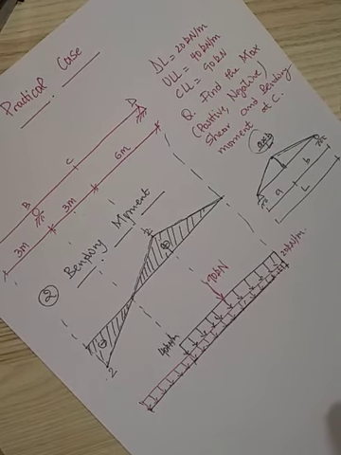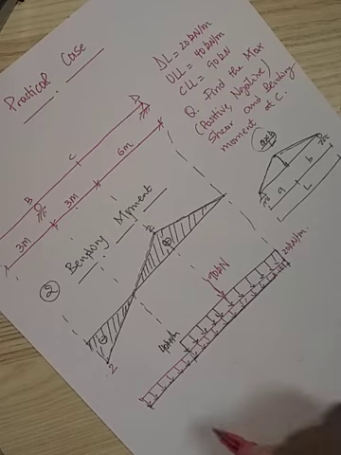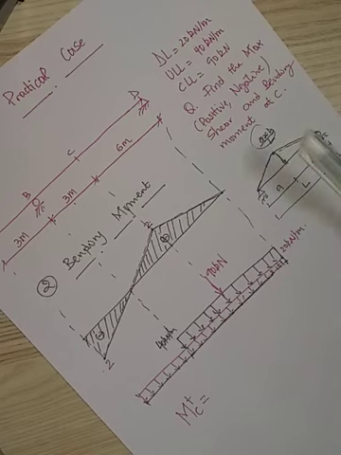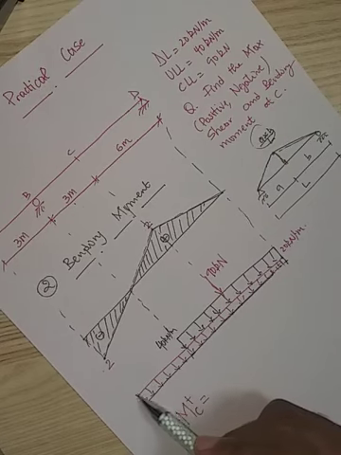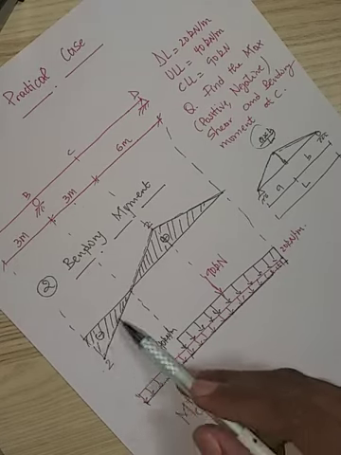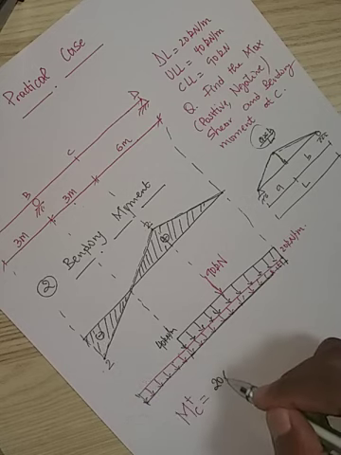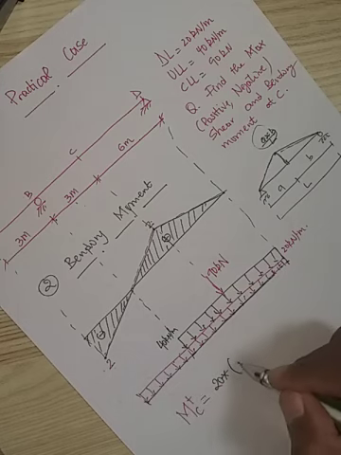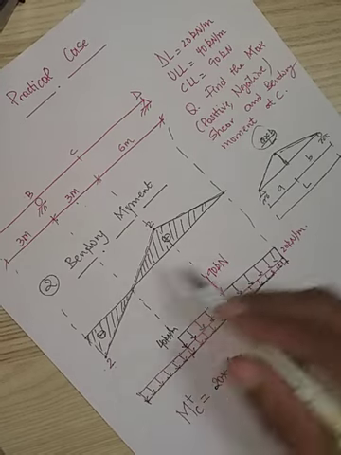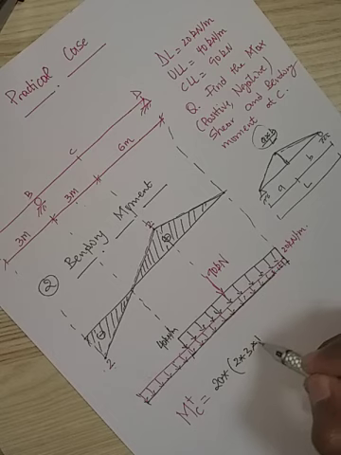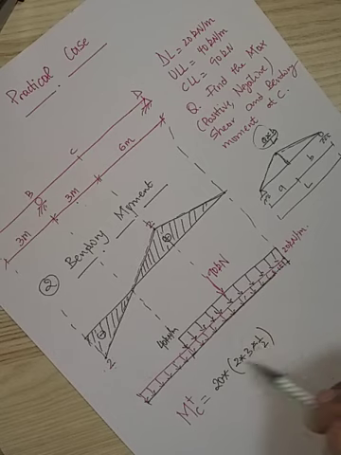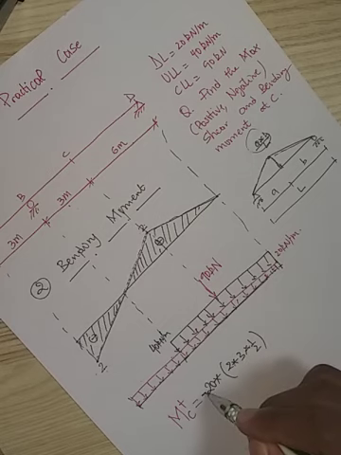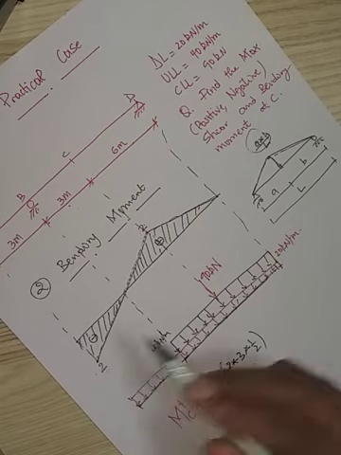Now to calculate the maximum positive bending moment at the cross section C, we get the distributed load that is applied on the negative portion: 20 times the height of the negative portion, 2, times the length here, 3, times half. So we get the area of the triangle, and this is negative because it's applied on the negative portion.